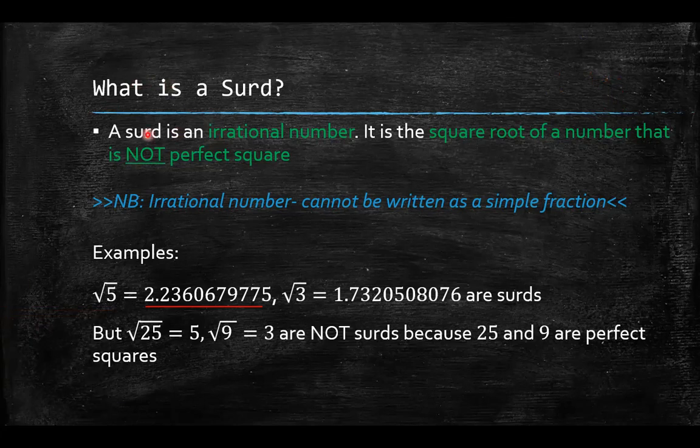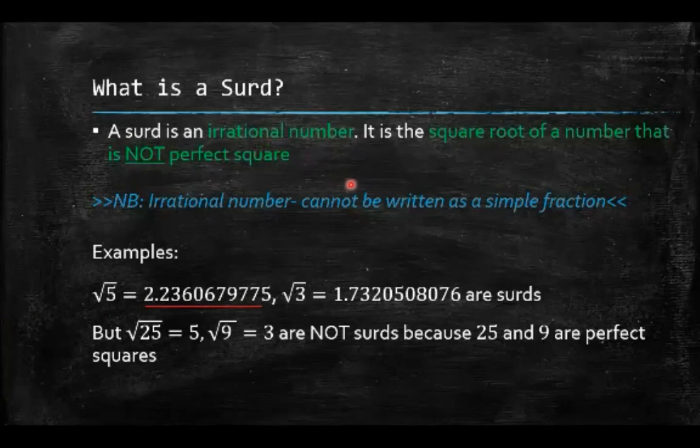Right. So a surd is an irrational number, so it cannot be written as a simple fraction, and it's also the square root of a number that is not a perfect square. So I have some examples here. The square root of 5, we said that's 2.23606797775. If you punch that into a calculator, that's the long decimal you're going to get, right? This cannot be written as a simple fraction.